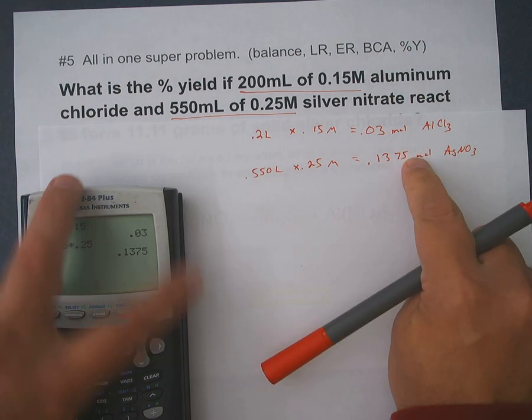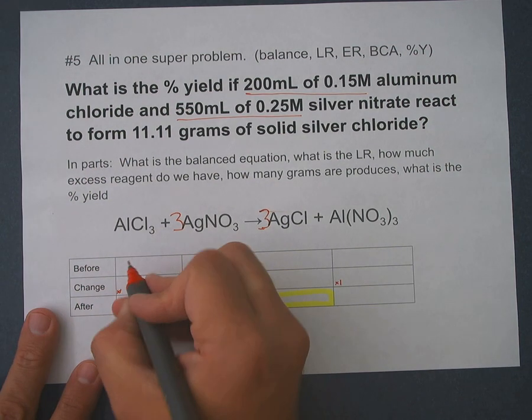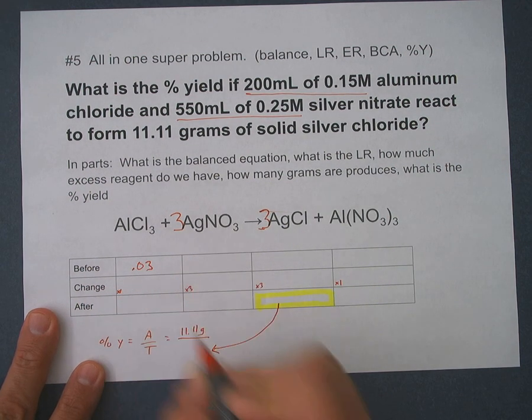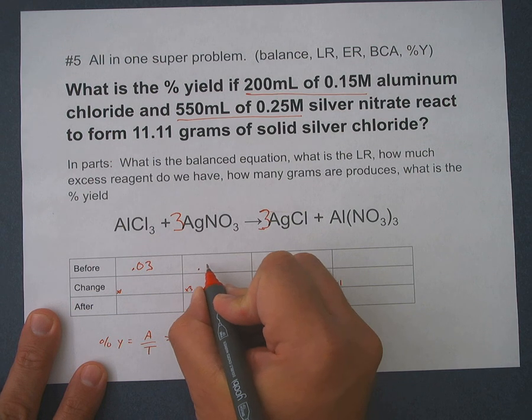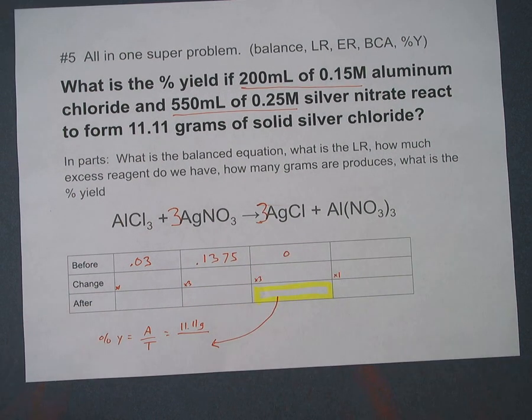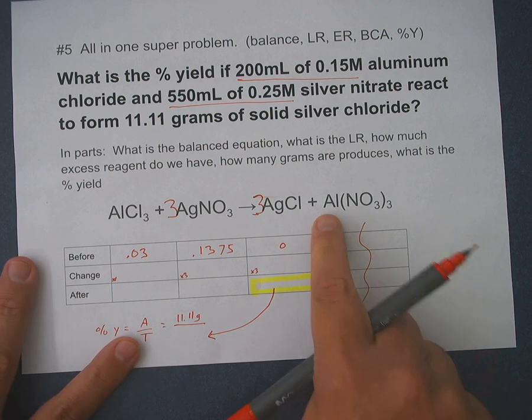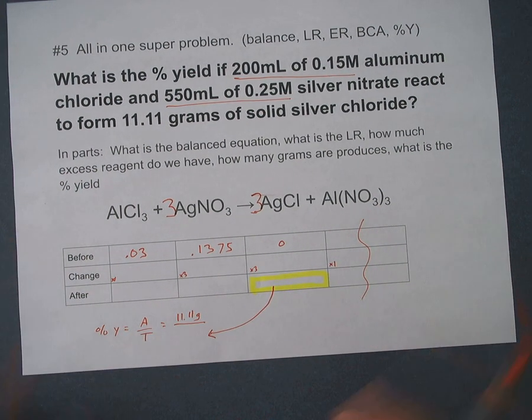So I'm going to transpose these numbers into our before column, 0.03. I'm not going to label moles because we know that it always is going to stand for moles. By the way, this reaction has nothing to do with silver nitrate, so I'm just going to put a line, aluminum nitrate. So I'm going to put a line through here because there's no need to figure that out.